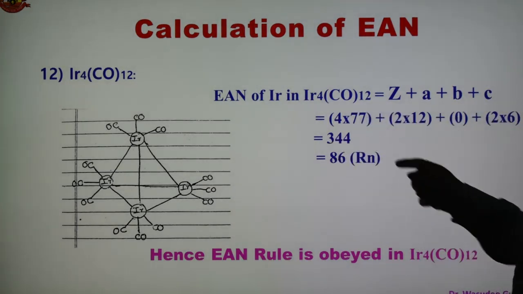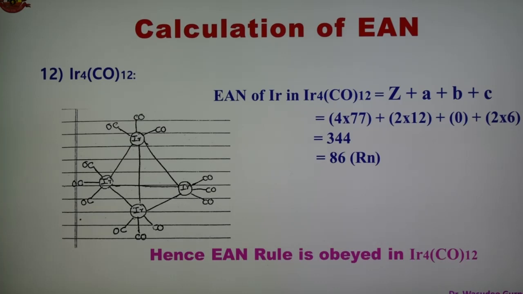Addition of all this is coming 344, and divided by 4, we obtain 86. 86 is the atomic number of the next inert gas radon, and therefore we can say that the EAN rule is obeyed in Ir4CO12. So these are the examples with different metals, 2, 3, 4 polynuclear metal carbonyls. In this case also Ir4CO12 obeys the EAN rule.